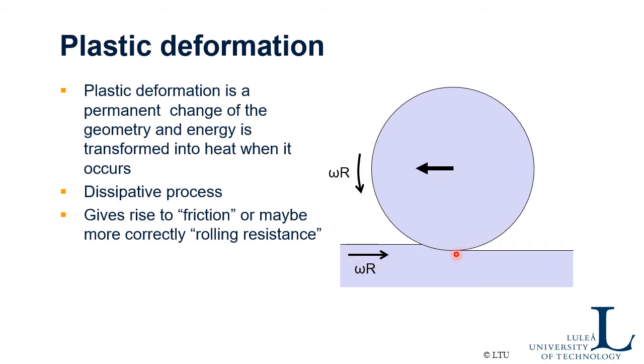This is, for example, if you're driving on a soft road, a soft dirt road or something, you continuously deform the surface, and the plastic deformation of the ground of the road is a dissipative process, and that gives rise to friction, or maybe it's more correctly in this case to talk about the rolling resistance. So that's, together with the microslip, the plastic deformation creates this rolling resistance of the wheel.